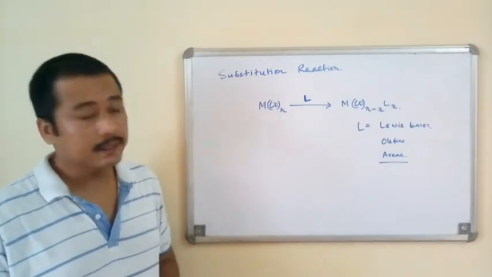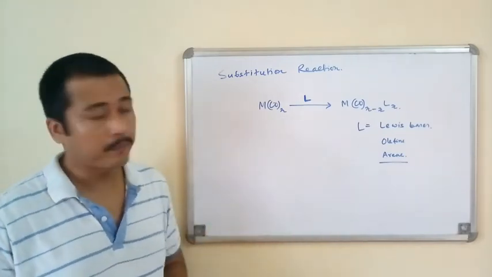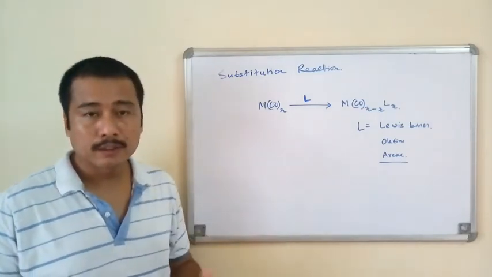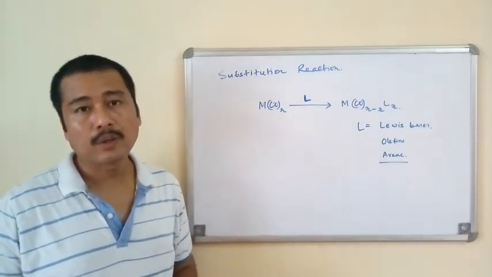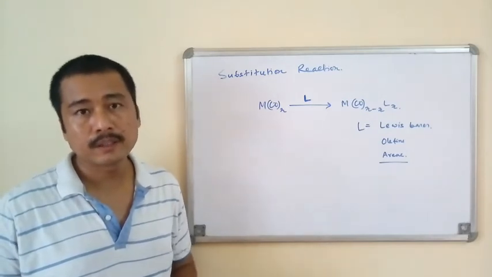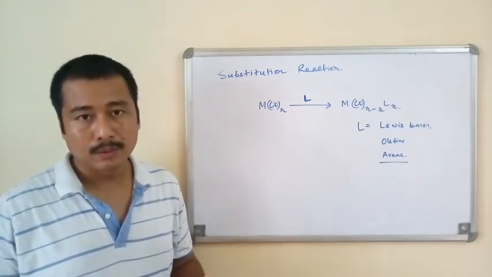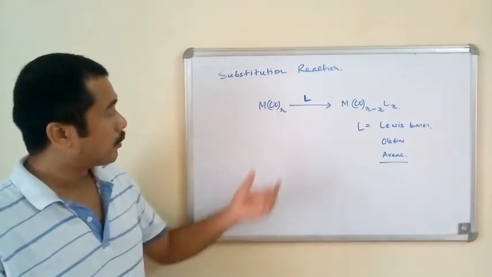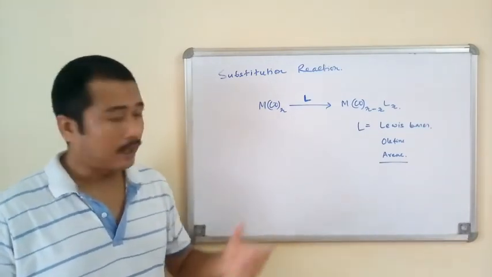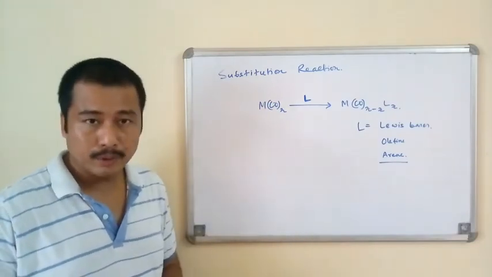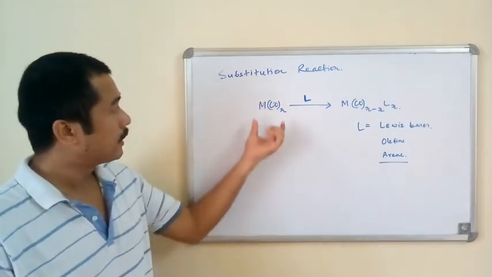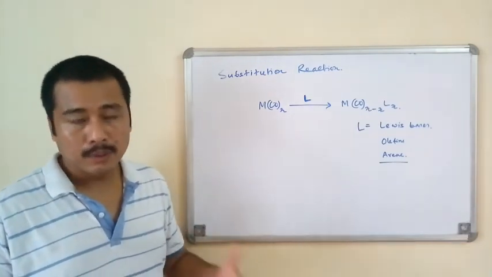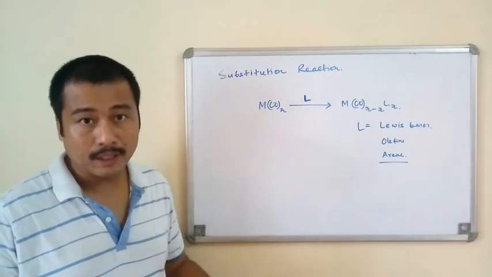Now these reactions, essentially the substitution reaction of metal carbonyl complexes by other ligands, has evolved into a standard method of preparation of low valent metal complexes or low valent organometallic compounds, because carbonyl ligands form complexes typically with low valent metals, and that is why they serve as precursors for preparation of other low valent metal complexes with different other ligands.